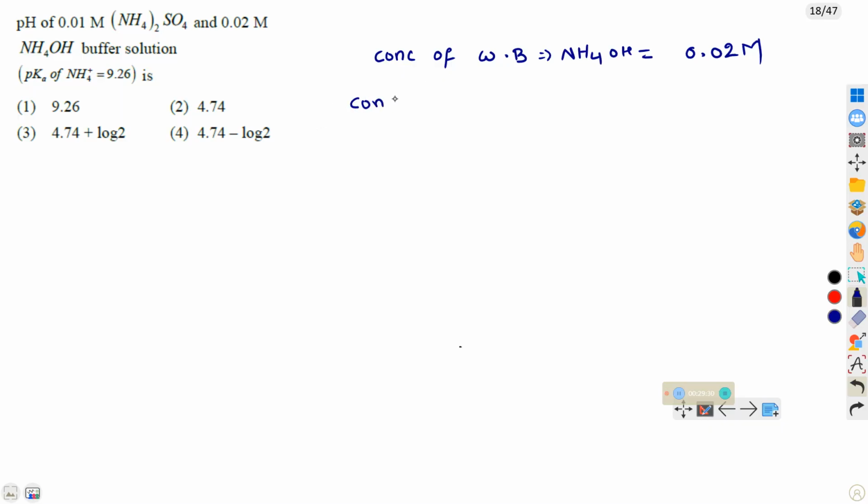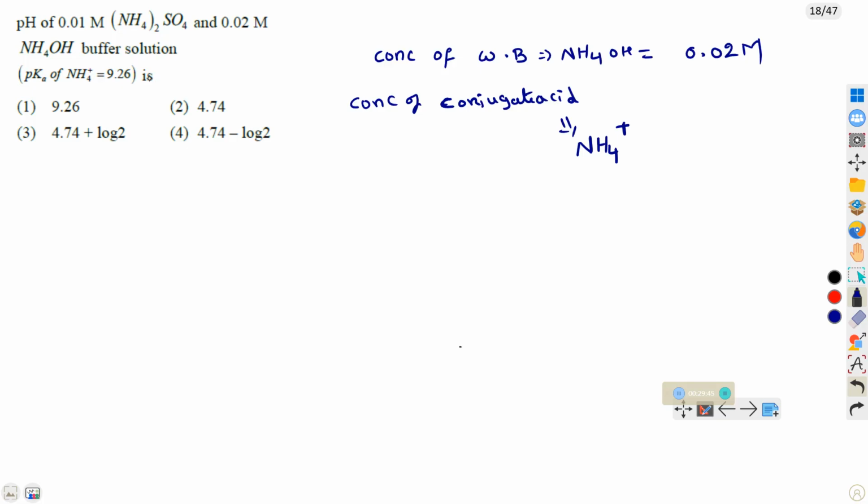Concentration of conjugate acid. The conjugate acid is NH4 plus ion.